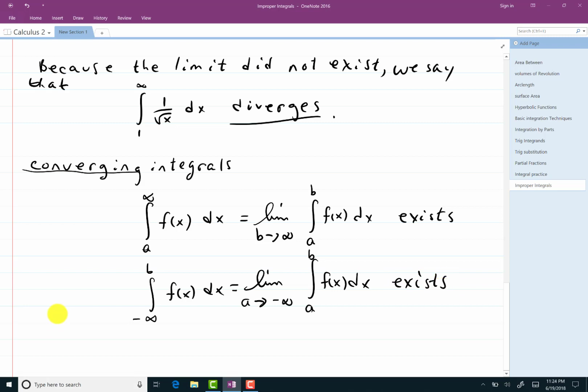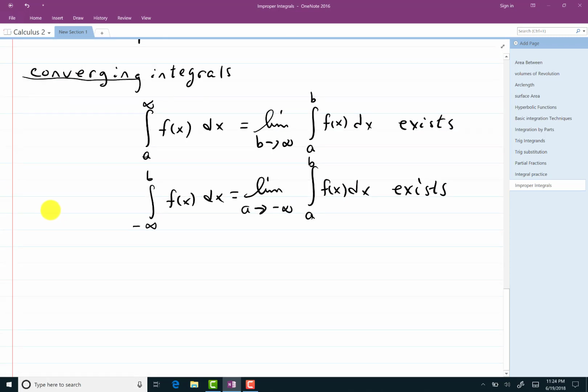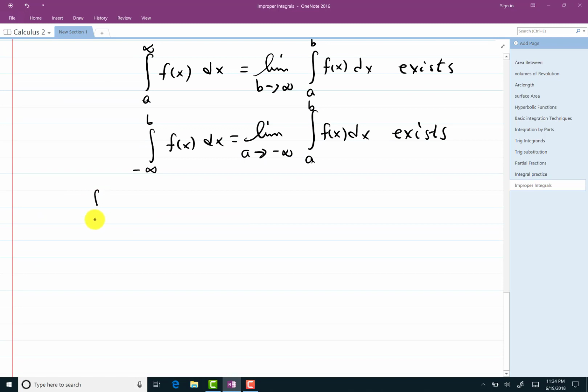But the complicated one is the following. If I have from negative infinity to infinity, I have to break it up.